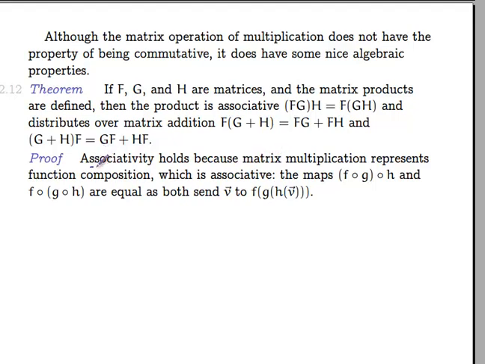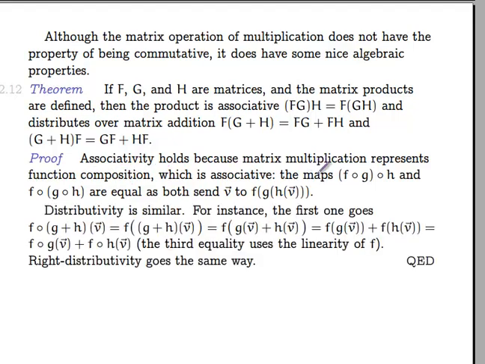Associativity holds because matrix multiplication represents function composition, which is associative. So whatever is true for function composition must also be true for matrix multiplication. Distributivity is similar, because you also have distributivity of linear functions. And you can distribute on both sides.